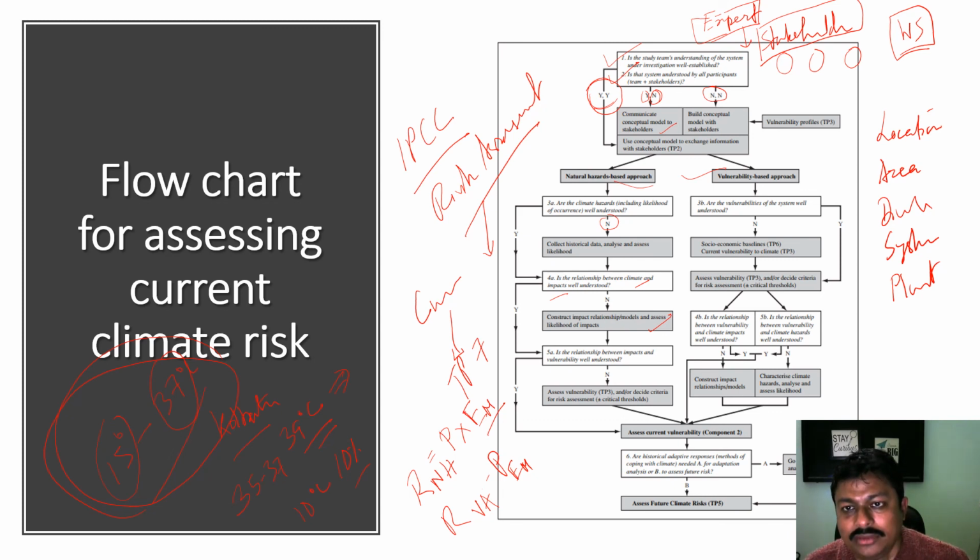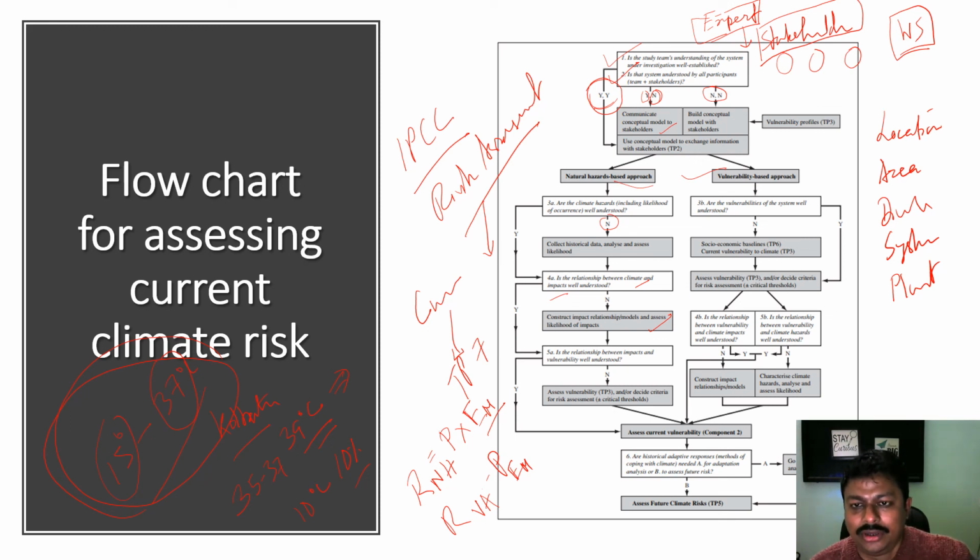If stakeholders don't know about the system, educate them. If neither of them knows about the system, build the conceptual model from the feedback of stakeholders. Now after this, in the natural hazard based or vulnerability based approach, you have to see whether the data or the criteria of vulnerability is well understood or not.